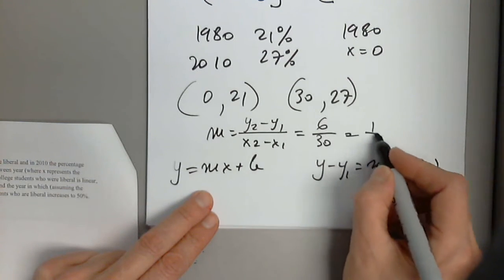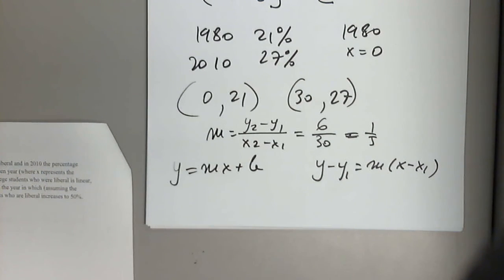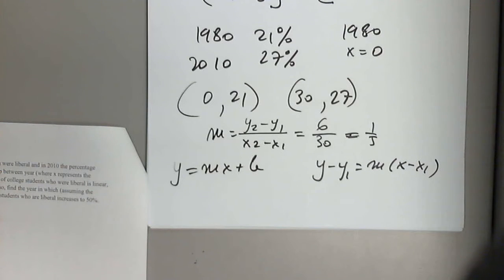Very good. Or 1/5. Measurement unit, please. We must write the measurement unit. The measurement unit for 1/5 is a ratio of two measurement units, the one coming from the top over the one coming from the bottom. What is the unit of the top?